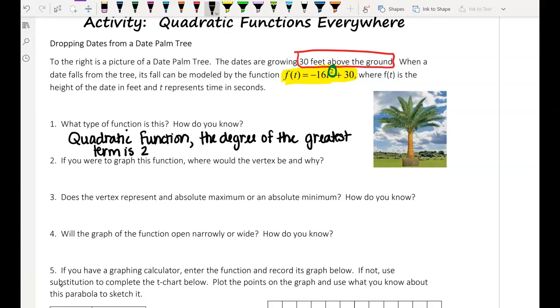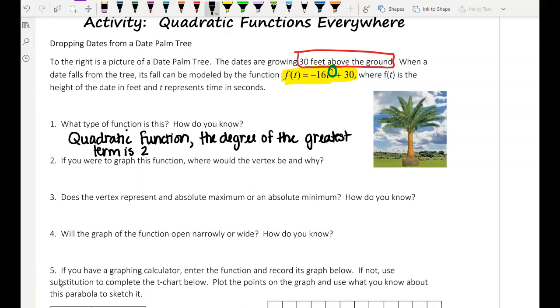We studied that in Unit 1. We're reinforcing it in Unit 2. So we should know by looking at an equation whether or not it's a quadratic function. We're looking for that highest exponent to be a 2, which in this case it is. So this is being modeled by a quadratic function.